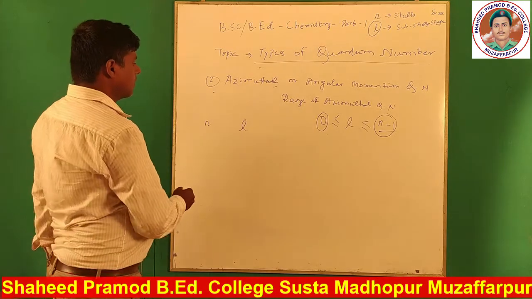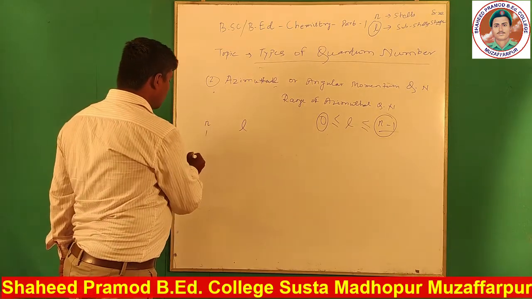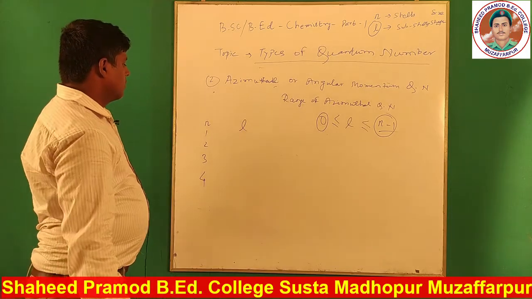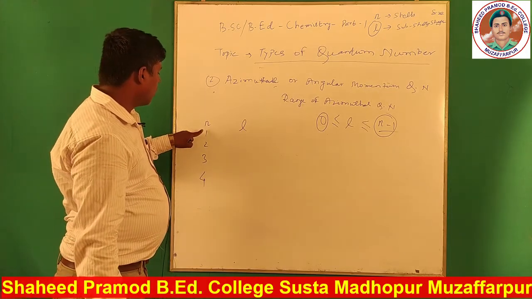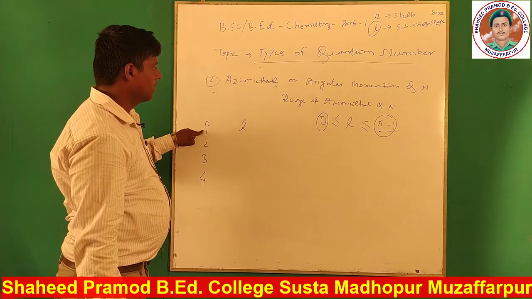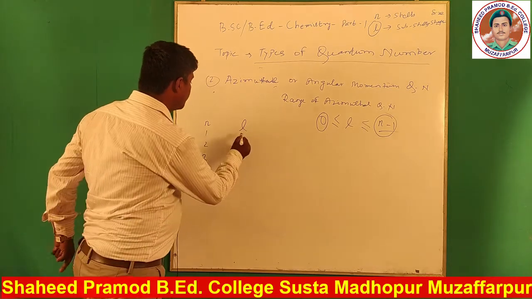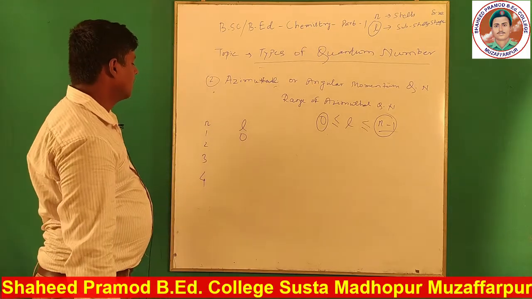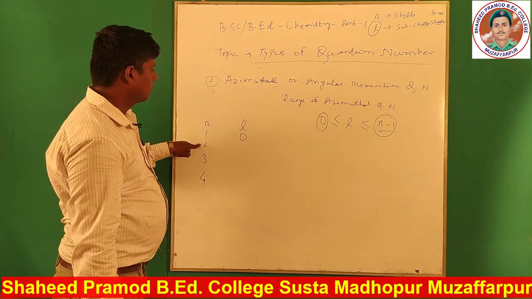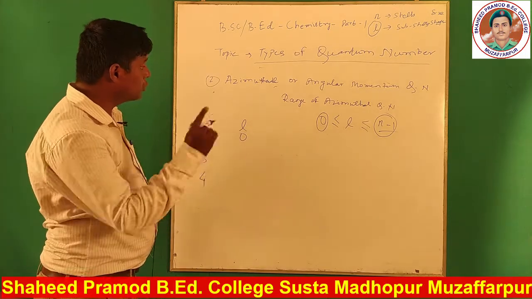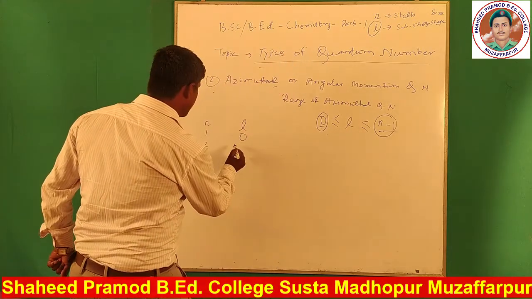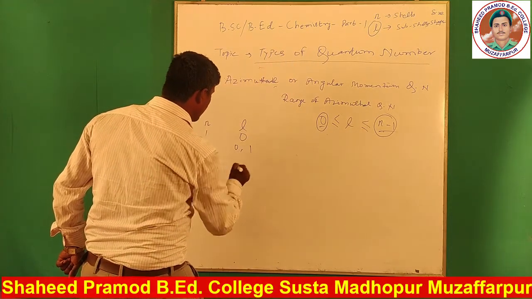This starts from 1, 2, 3. For n equal to 1, the value of L will be 0. For n equal to 2, the value of L lies between 0 to n minus 1, so there will be two values, 0 and 1.